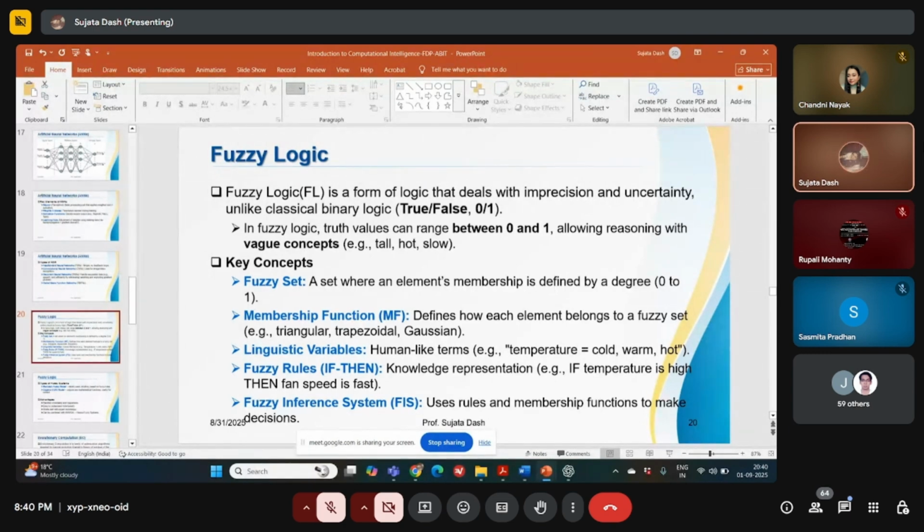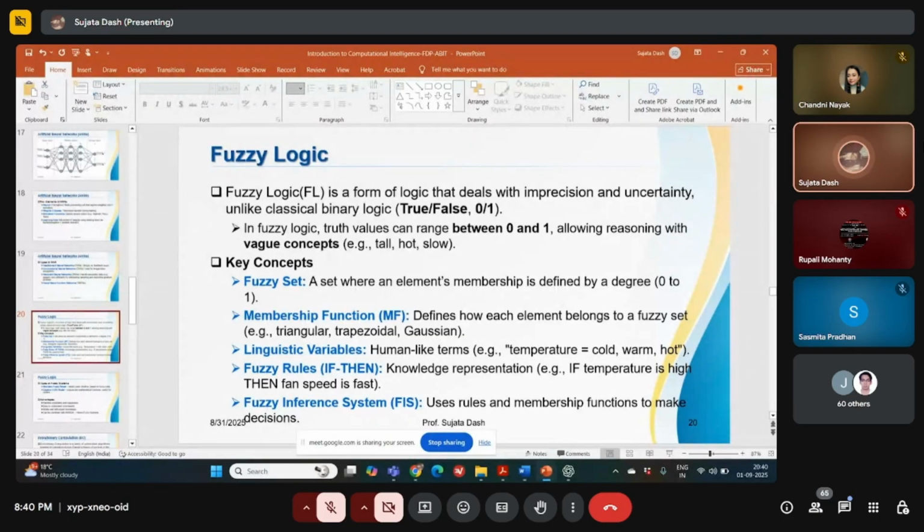For example, you can't say temperature is always hot or cold, or that at 29 degrees centigrade it is hot. For one person it might be hot, but for another person it may not. So fuzzy logic allows reasoning with degrees of truth between 0 and 1. It deals with the gray areas of decision making, just like human beings do.